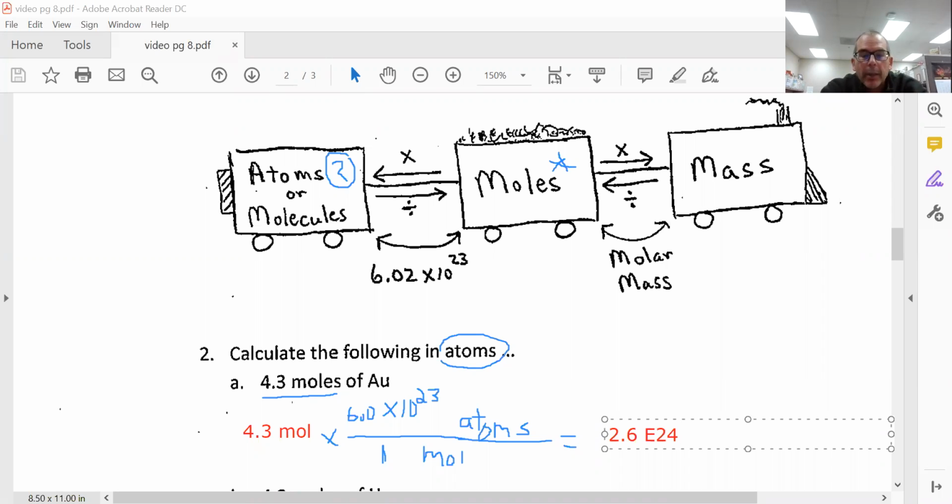If you see that, that is the same as 2.6 times 10 to the 24th atoms.